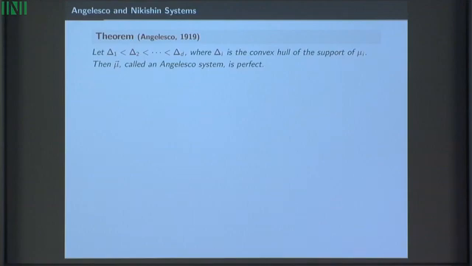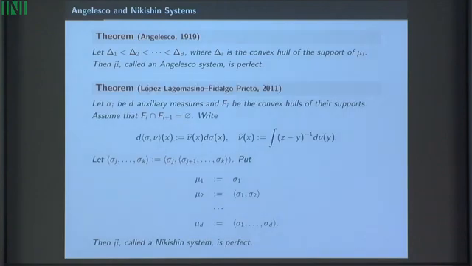Another system, which is on the other side of the spectrum, which was very complicated and took a long time to prove, is what's known as the Nikishin system. If in the Angelesco system all the measures had disjoint supports, in the Nikishin system all measures are supported on the same interval, and the measures are built in the following way.